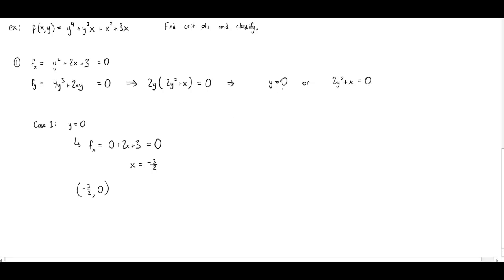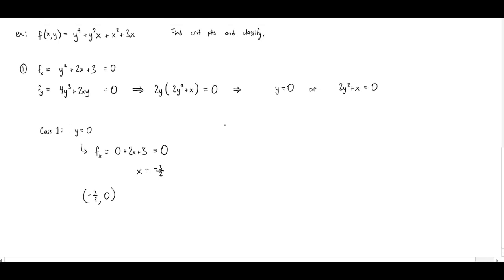Now, we checked y equals 0, so the next possibility was, instead of y being equal to 0, it could be that 2y squared plus x equals 0 instead. So what I'm going to do here is solve this equation for x.